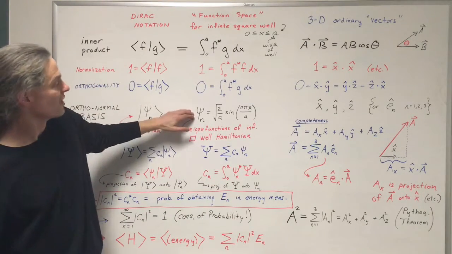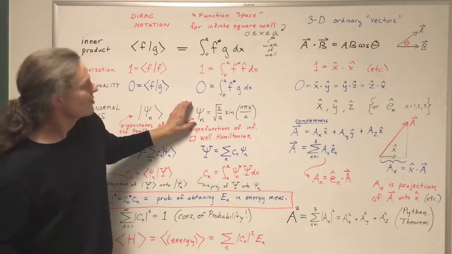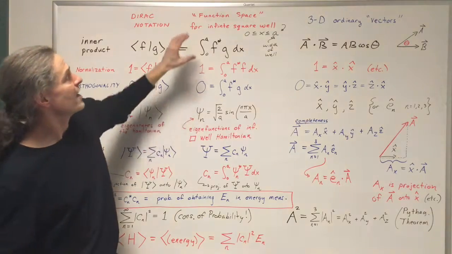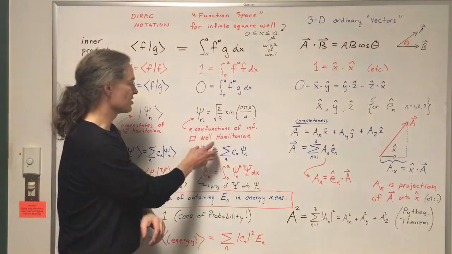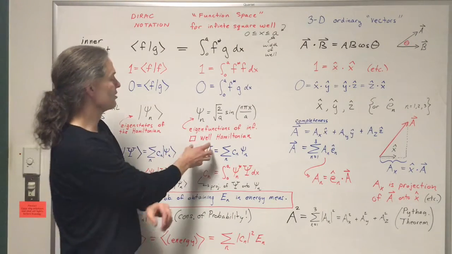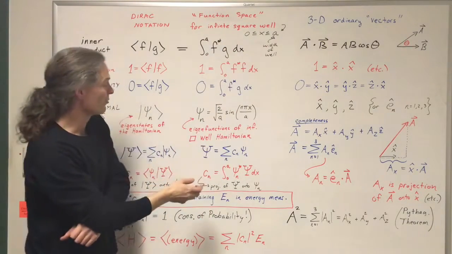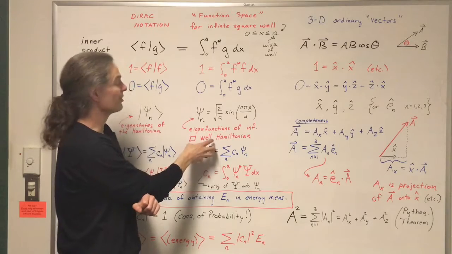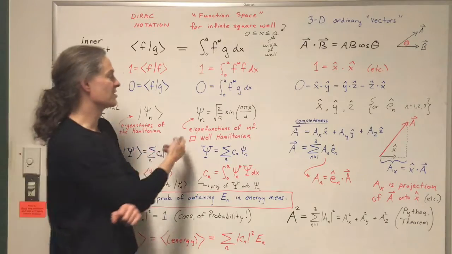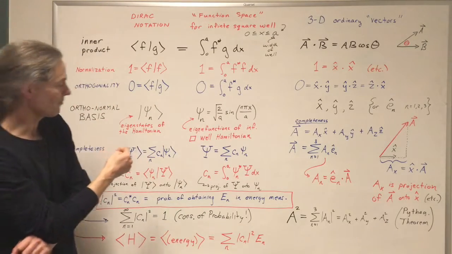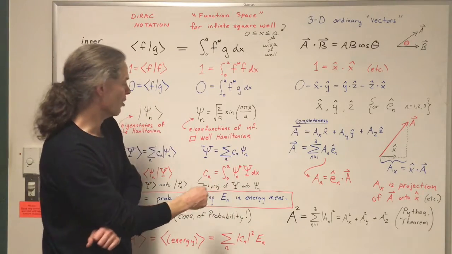These are the special allowed states with special energies. These eigenfunctions can be used to build any possible state that could be in the infinite square well. So if we represent the state capital Psi to be an arbitrary quantum wave function in our infinite square well problem, we can build any possible function with some linear combination of these special states, the eigenstates of the Hamiltonian. That's fantastic. We'll get to how you could figure out these coefficients in just a moment.